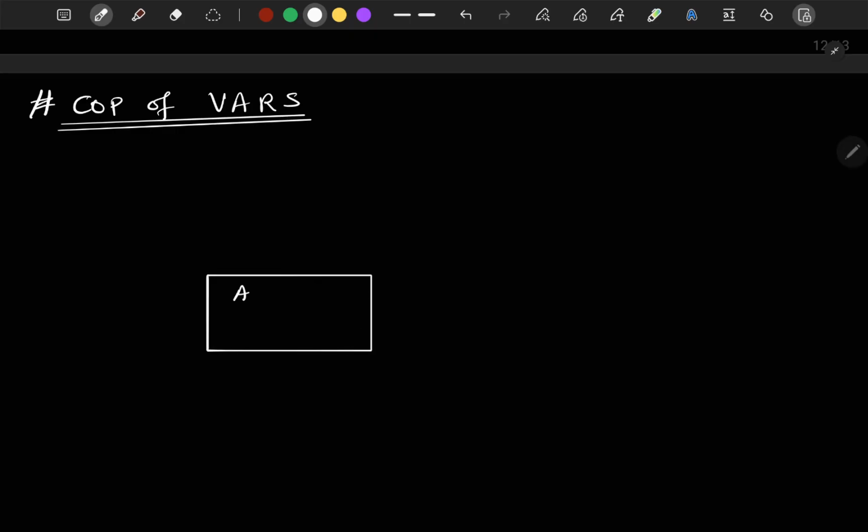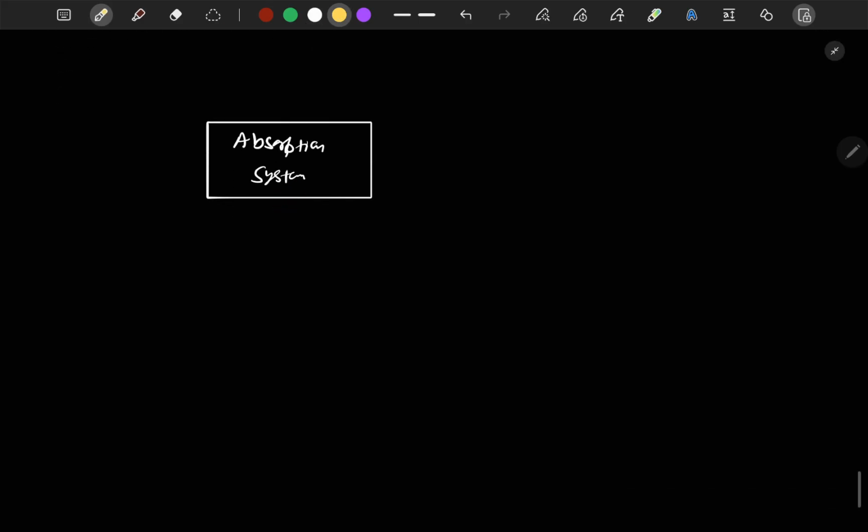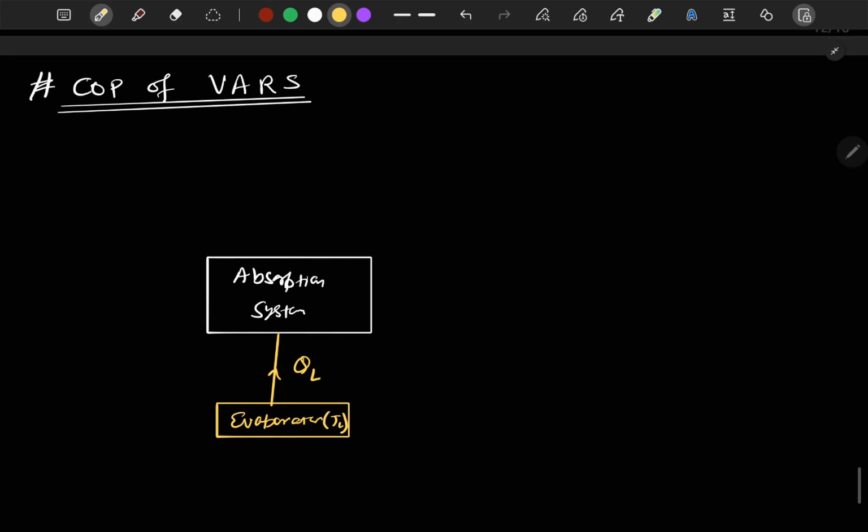It is interacting with the evaporator at temperature TL, and it is providing the heat QL to the system. The ammonia vapor entering the absorber has heat QL.